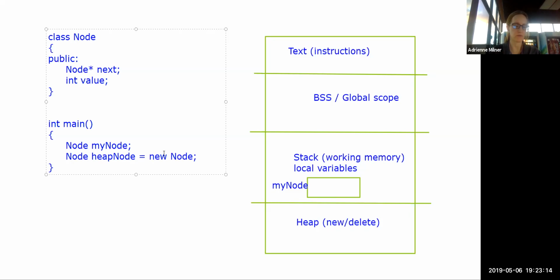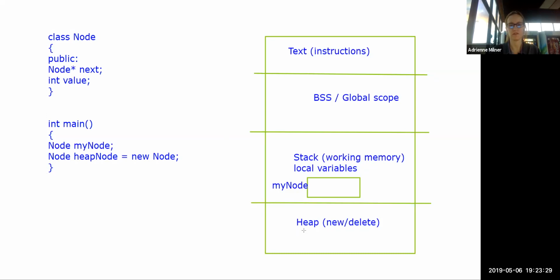We're using the new operator. Guess where this node is going to go? It's no longer going to be on our stack. It is going to be on our heap. Okay, so in 2 different locations.